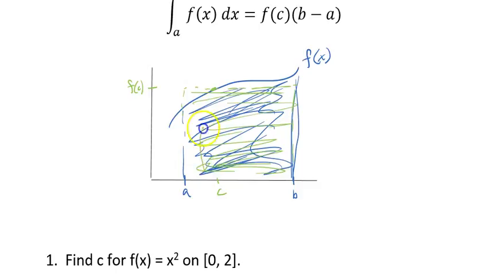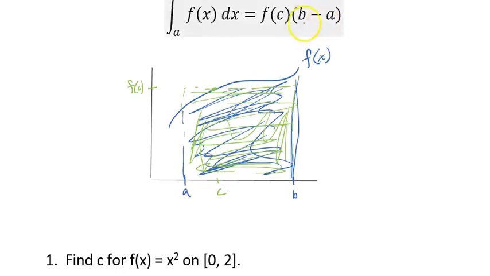Then the area of that rectangle would be the same exact area as what we have under the curve from A to B. Looking at my rectangle, I have a little bit of a gap here on the outside, but I'm assuming that this little amount here would fill that in. This area of the green rectangle would hopefully be the same as the blue.